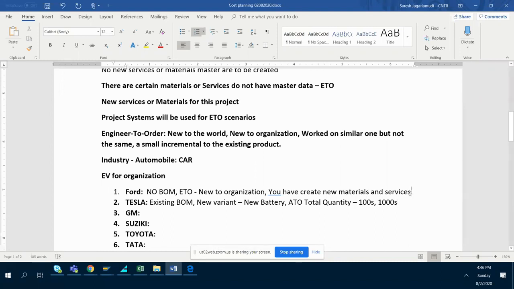Here, Ford, how do they produce? Once they produce BOM, understand that one. First, they have to introduce the BOM. See, if there is no BOM, they have to come up with a BOM. Once that BOM exists, then again they also produce like this.